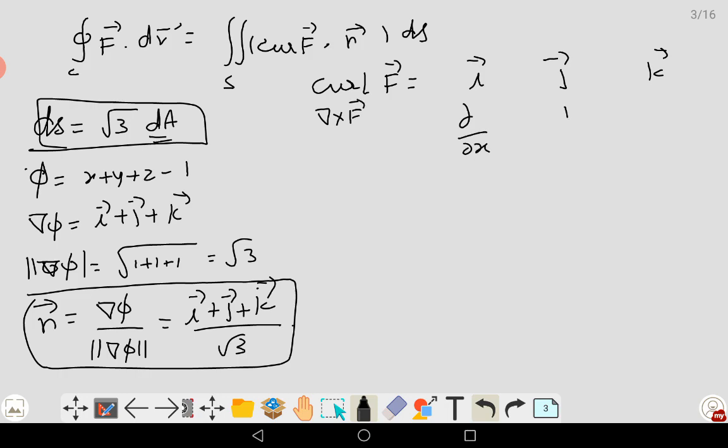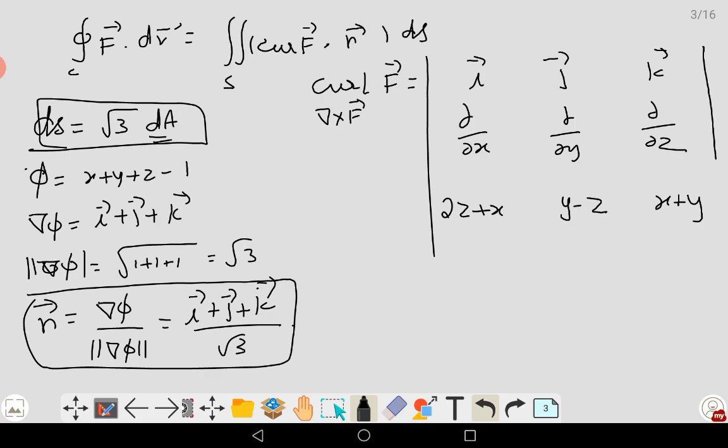Now the components of the vector are 2z plus x, y minus z, e to the x plus y. Now as usual, take the derivatives cross.